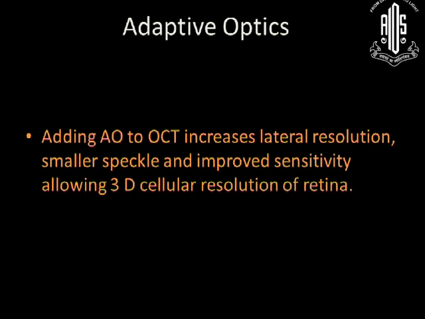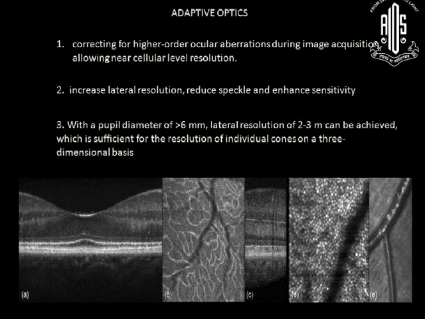What does it mean? It means that it gives you a resolution that you can see cones individually. It's very interesting, it's very fascinating. It's not a tool as yet for the busy clinical practice, but it's a fun tool to play with.